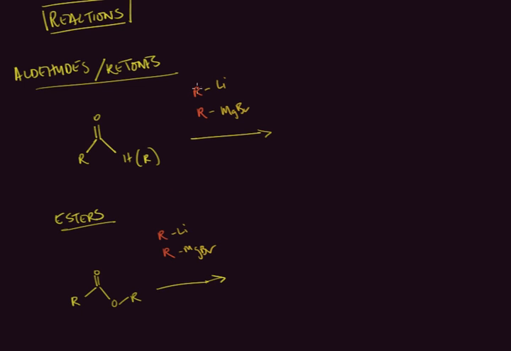So we talked about organolithium, which is an R group or an alkyl group, some carbon chains, however you want to think about this R group, bound to a lithium. We talked about a Grignard reagent, which is that R group bound to MgBr.